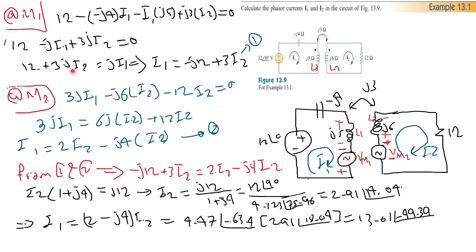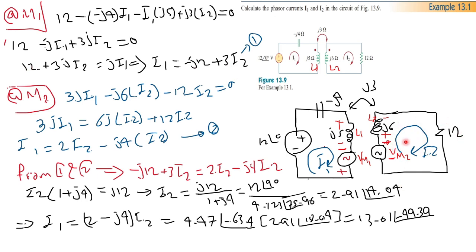So 12 plus 3j I2 equals j I1. We moved j I1 to the right-hand side. We solve for I1 to get I1 equals minus j12 plus 3 I2. We divided by j, so it will be 12 over j. The j goes to the numerator with a negative sign. It will be minus j12 plus 3 I2.